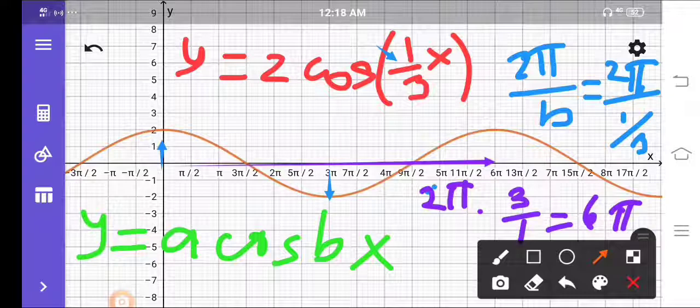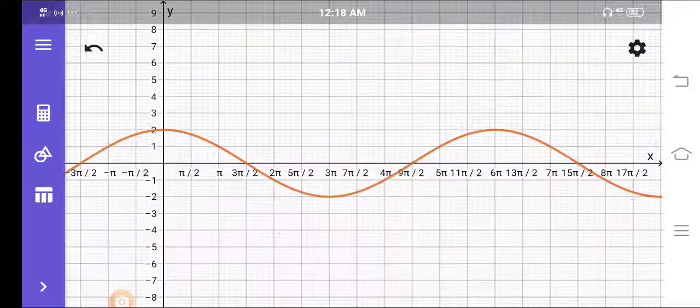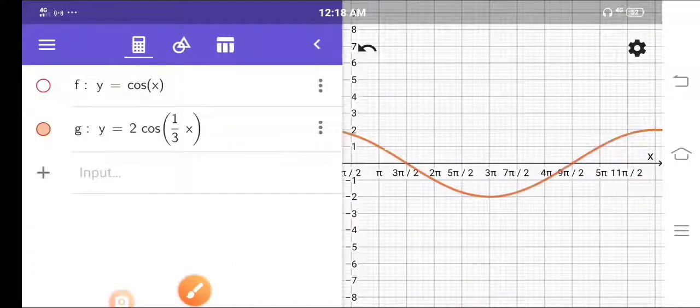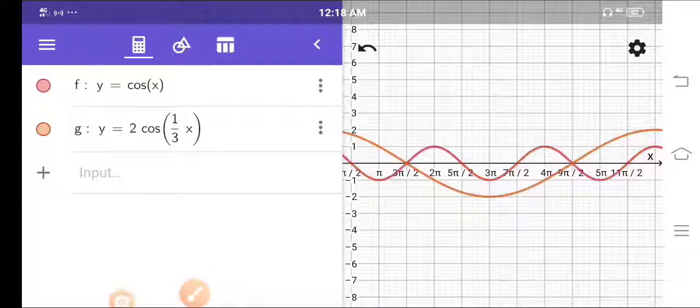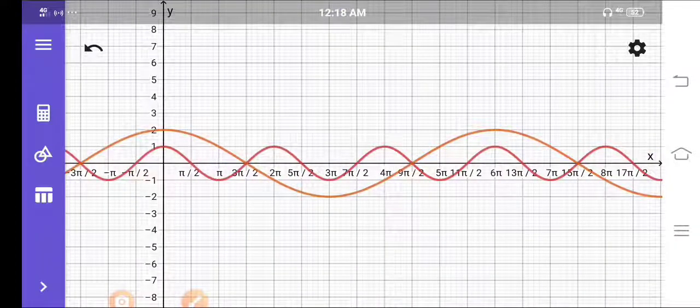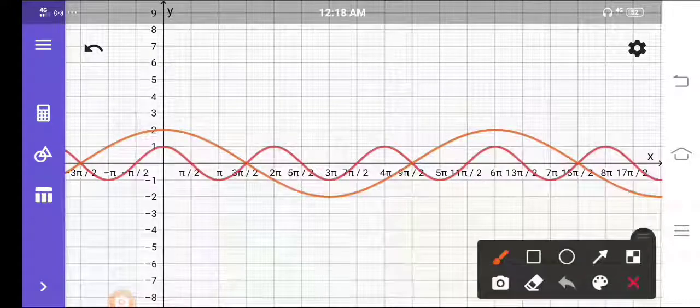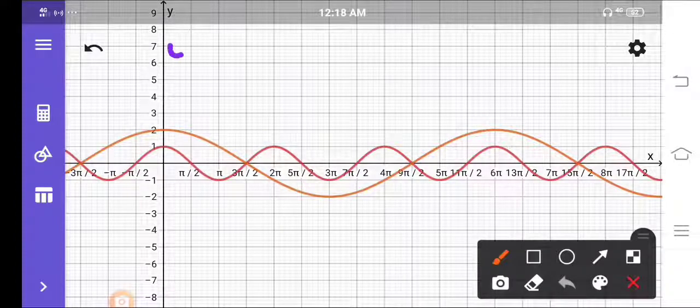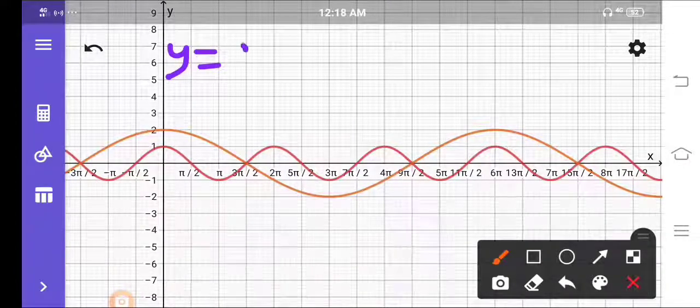Based on the original graph, if you are to consider the original graph, y is equal to cosine x.